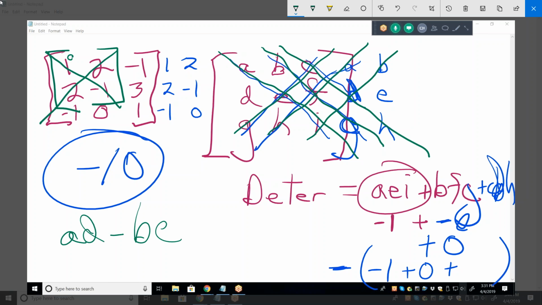That being A, that being B, that being C, that being D. And yes, it's basically the same principle when you go to a 3x3. You start out with the negative slopes, you've only got 3 of them, and then you subtract from that the positive slopes, and you've got 3 of them.